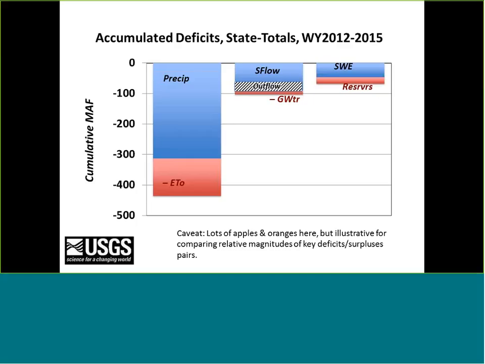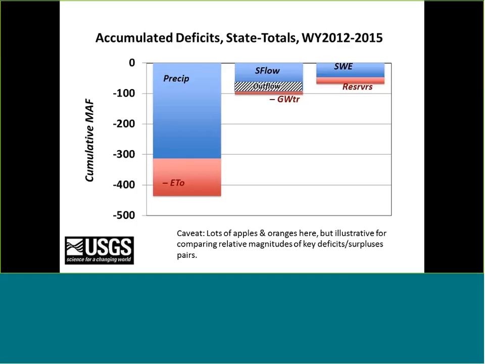Here's what the evaporation deficit surplus adds up to for the Delta catchment versus the precipitation. On the whole over that big area, we saw there's about 313 million acre-feet of water for the precipitation and 120 or something like that for the evapotranspiration.